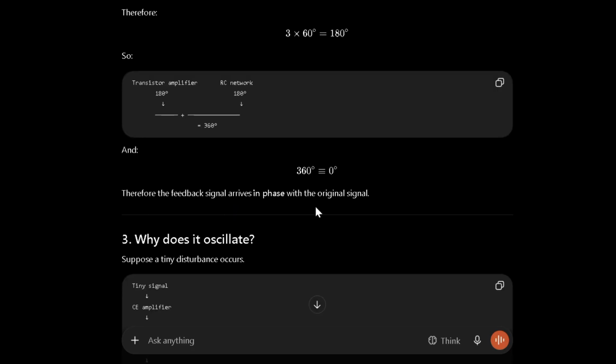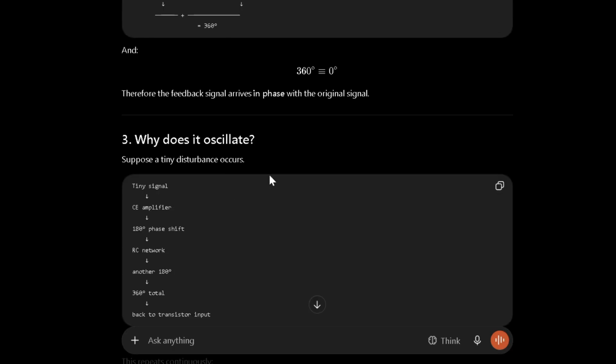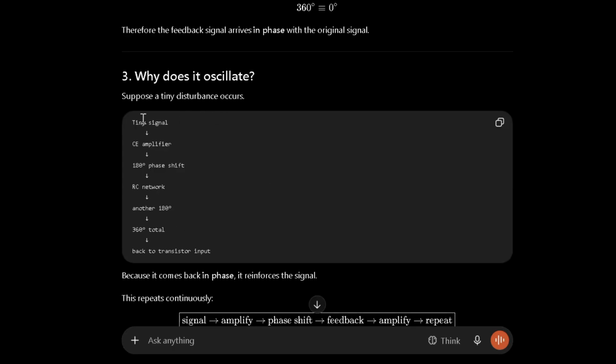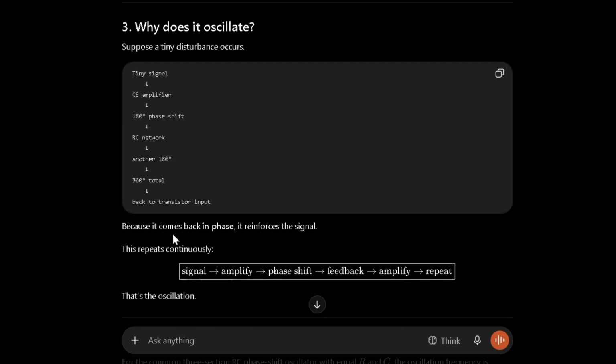Why does it oscillate? Suppose a tiny disturbance occurs, a tiny signal at the amplifier input. The amplifier generates 180 degrees phase shift. Then the RC network adds another 180 degrees, 360 degrees total back to the transistor input. Because it comes back in phase, it reinforces the signal.